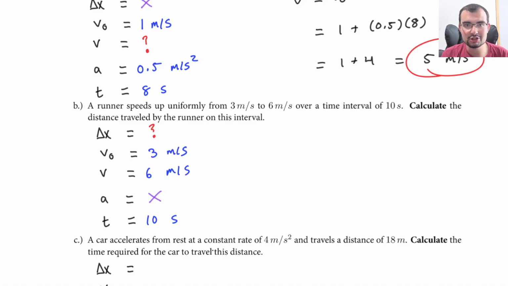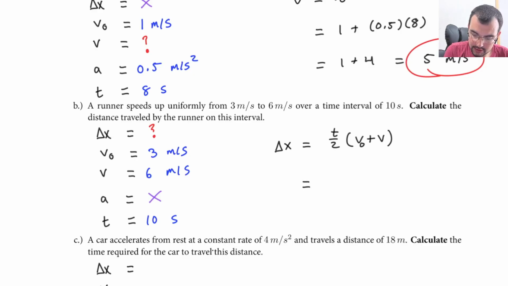Now the accelerationless equation is this one. And we can actually just plug and chug again. I've been nice not making you rearrange these so far. Just a nice 45 meters.